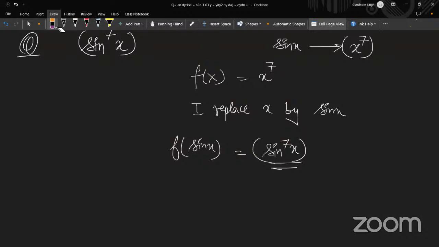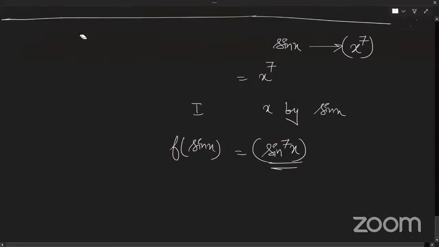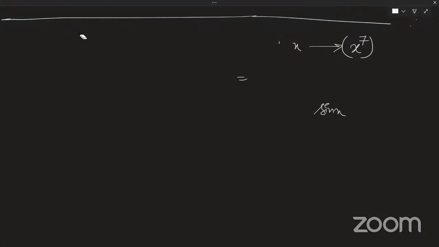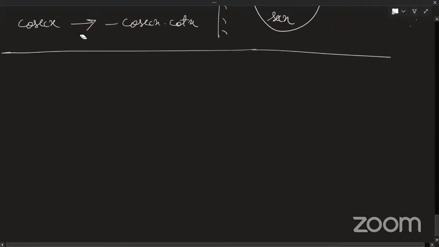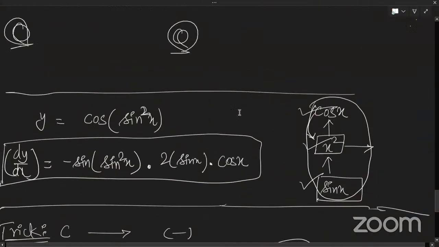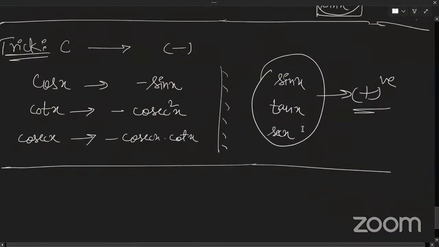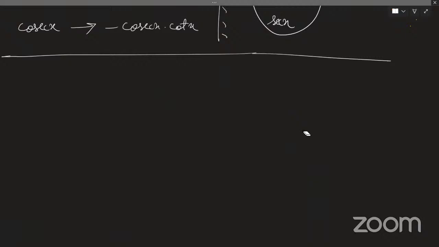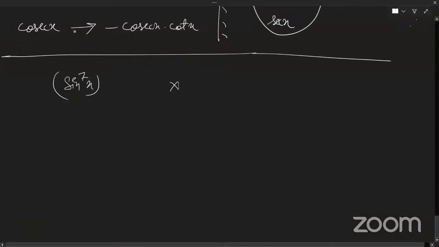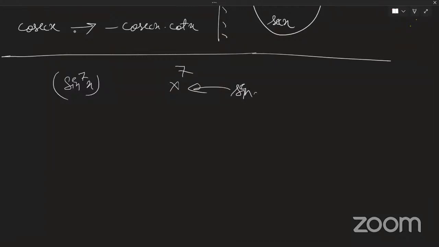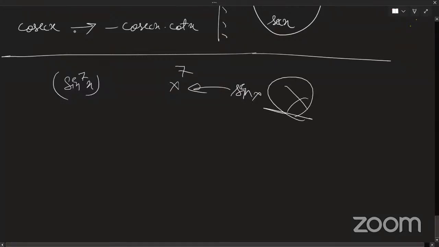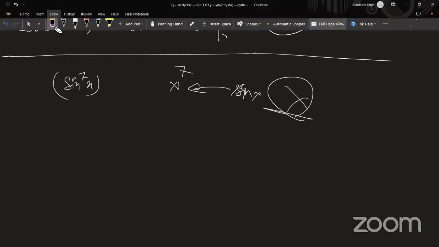So since you are just starting differentiation, initially you should first draw a flowchart like this and then proceed, because you will get very, very confused. Many times when we see something like this, we assume that sin x has been put inside x raised to 7. No, that is wrong. It will lead you entirely to the wrong answer.